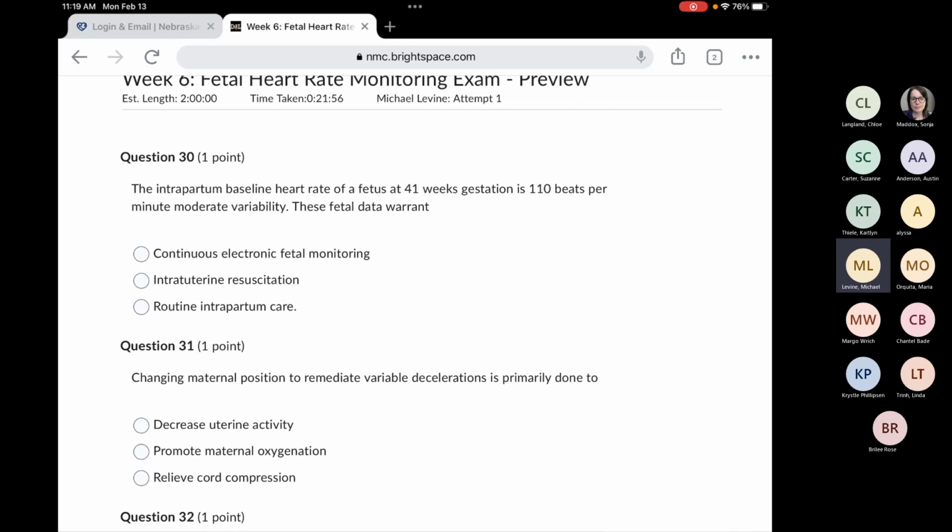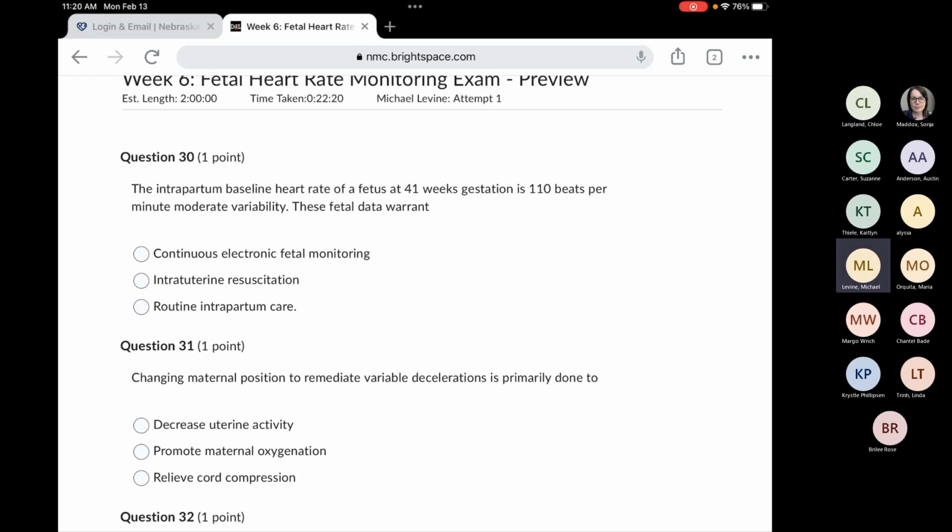Number 30. Intrapartum baseline heart rate of a fetus at 41 weeks gestation is 110 beats per minute with moderate variability. These fetal data warrant continuous electronic fetal monitoring, intrauterine resuscitation, routine intrapartum care.